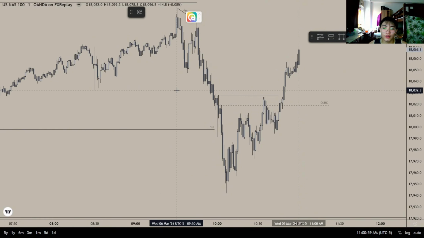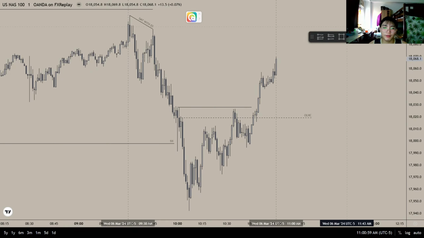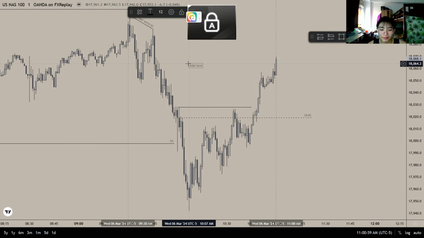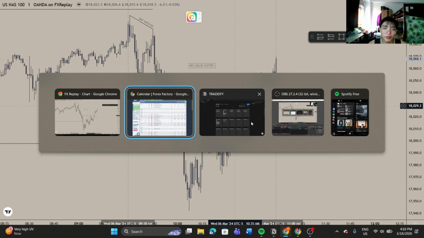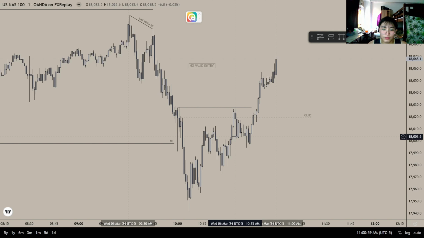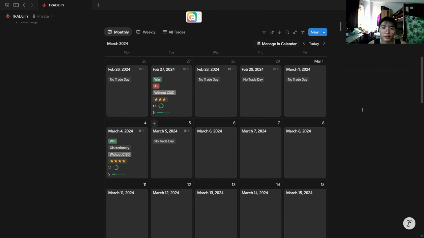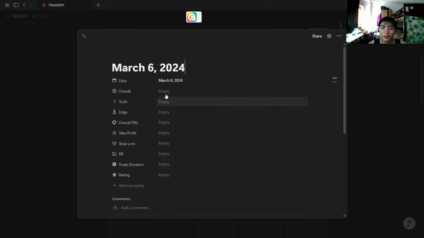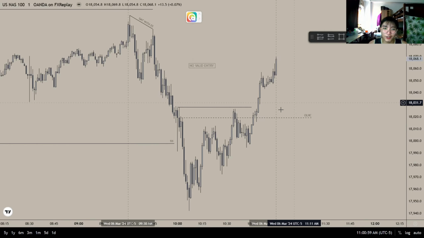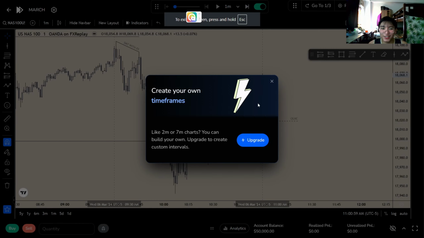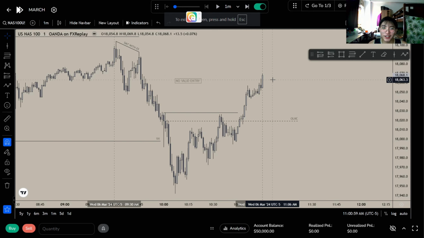Uh, no, no valid entry for me. Again, no valid entry for what is this? March 6th. So it's March 6th. Yeah, it's March 6th. We're still not seeing any trade so far. Let's see if we can have a no trade week.